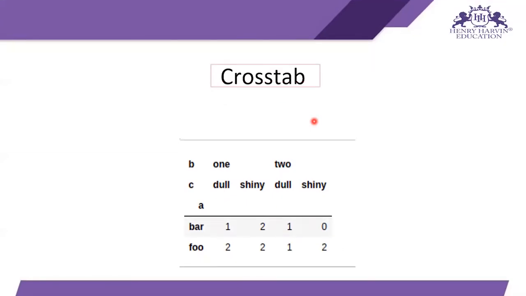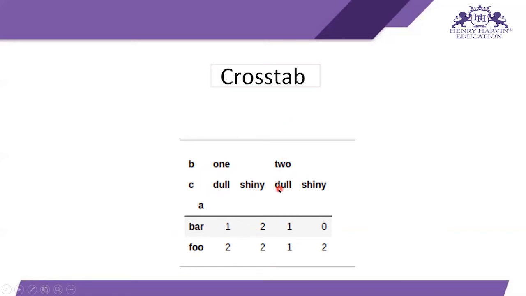So crosstab is like this: if in b you have two values, 1 and 2, and in each you have two values, dull and shiny. Then you have some variables, like bar and foo, just random names. For one dull you have one bar and one foo, and for one shiny you have two bar and two foo.